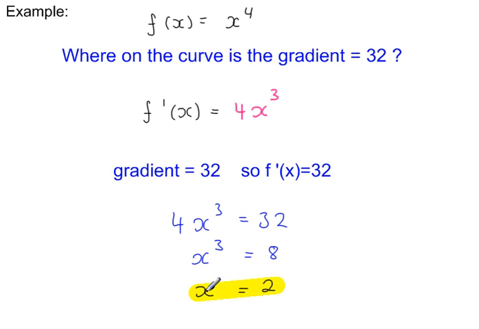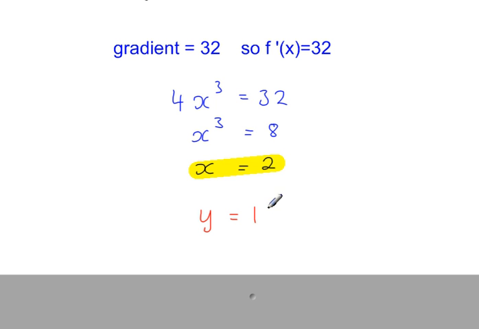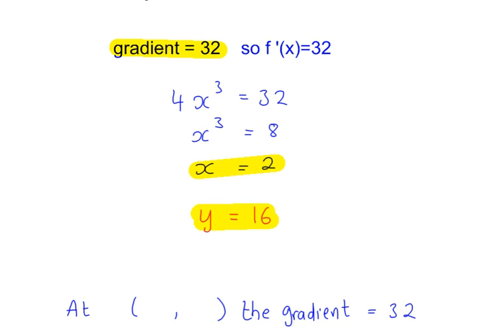So when x equals 2, the y coordinate, 2, because x is 2, 2 to the power of 4, that gives 16. So I've got the x coordinate and the y coordinate now for the point on the curve where the gradient is equal to 32. So at 2, 16, at this point on the curve, the gradient is equal to 32.